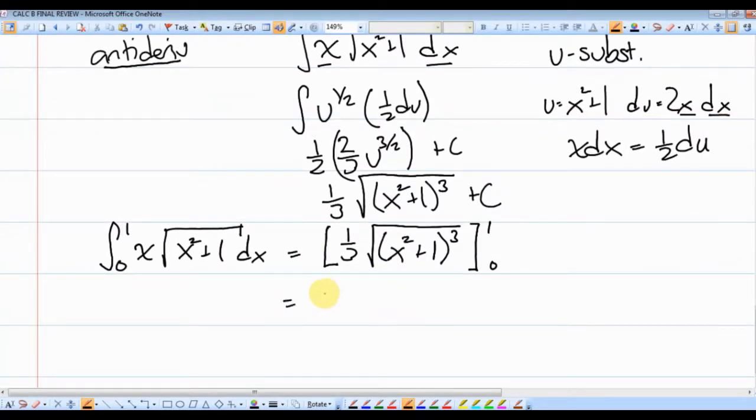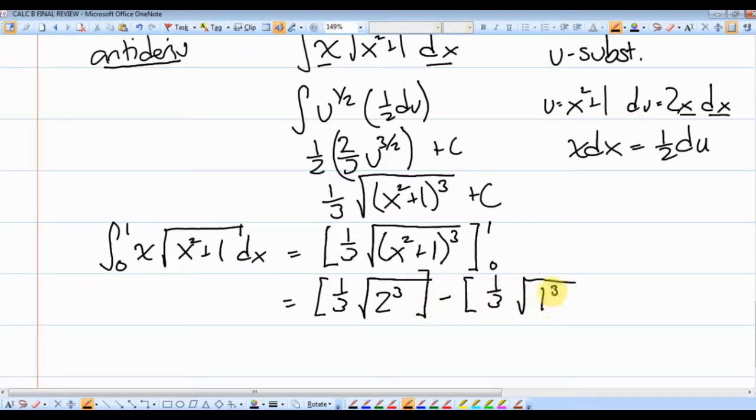All right, substitute things in. You're going to get 1/3 square root of 2 cubed minus 1/3 the square root of 1 cubed. See, that's 2 root 2 over 3 minus 1/3.